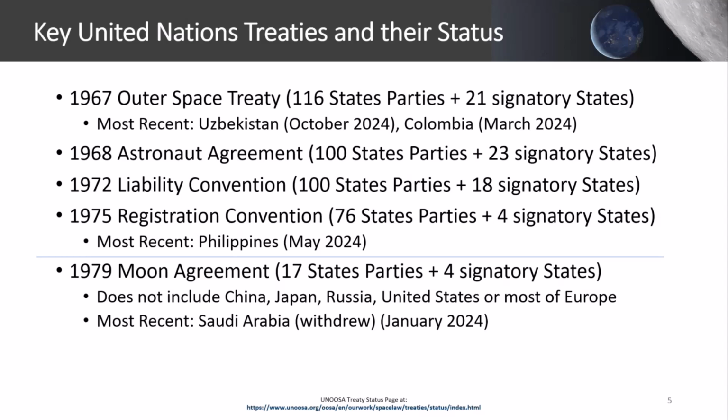So looking at the formal treaty level of governance, the UN passed the Outer Space Treaty in 1967 and elaborated on that in further treaties on astronaut agreement, liabilities, and registration over the next 8 years. Those are the ones that we'll principally pay attention to. The Moon Treaty has not been adopted by enough states, and in particular doesn't include the major space powers. So we'll ignore that one.